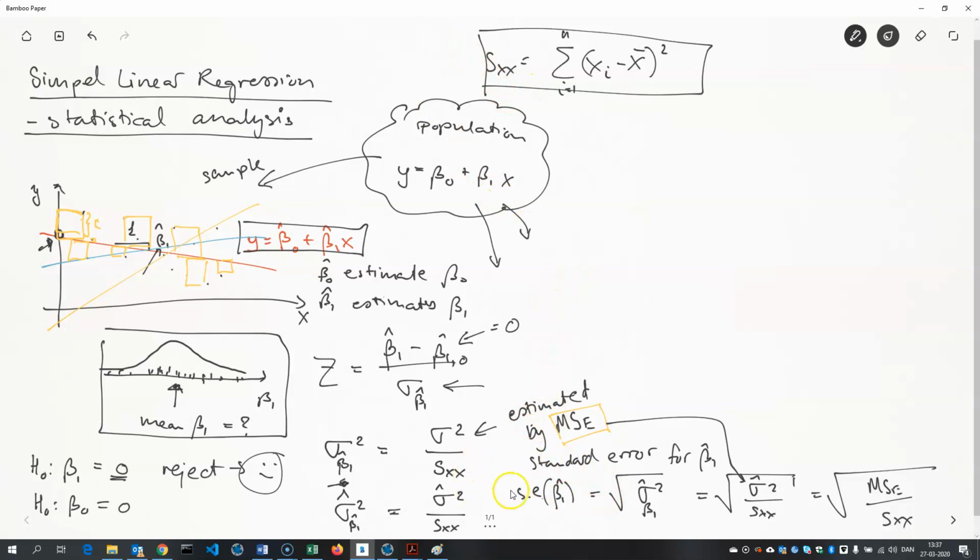Well, since we don't know the true variance here, but we're estimating it, well then you wouldn't be surprised to see that what we find now is something that has a t-distribution instead of a z distribution. So we'll call the test statistic, beta 1 minus 0, because 0 is the hypothesized value here, divided by the standard error of beta 1.